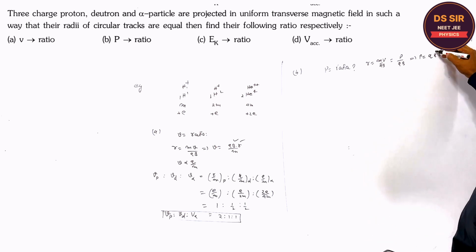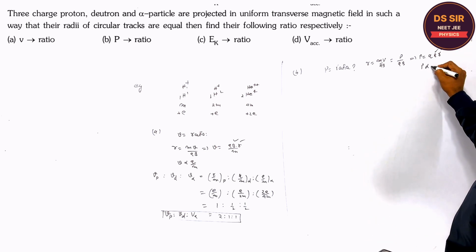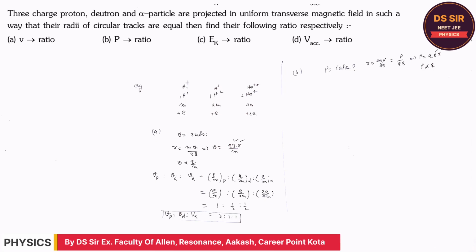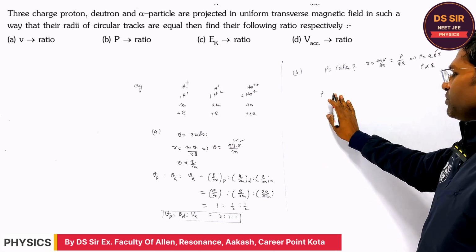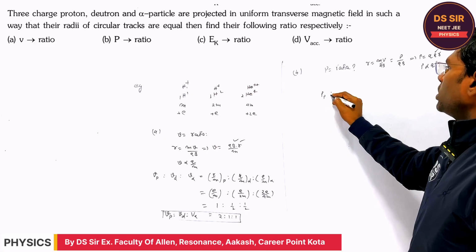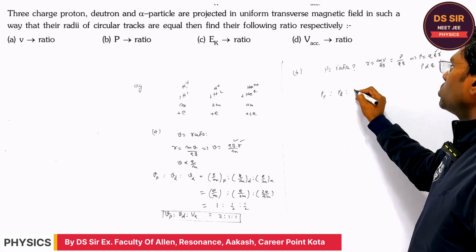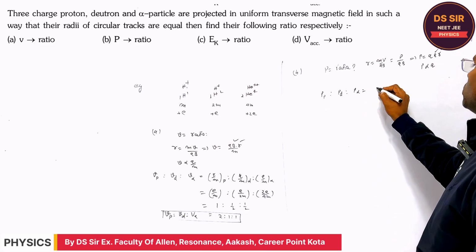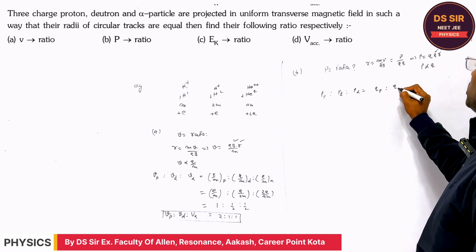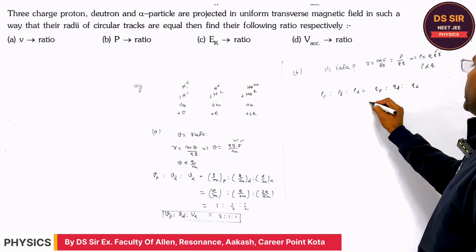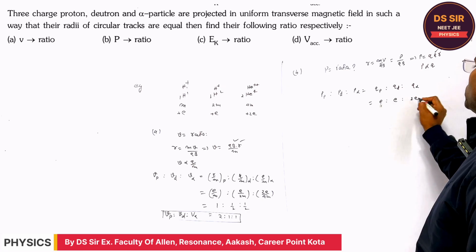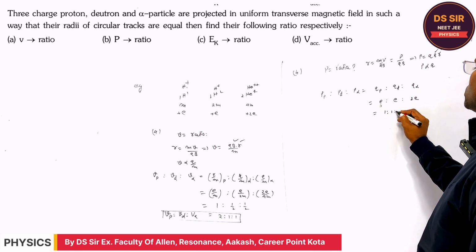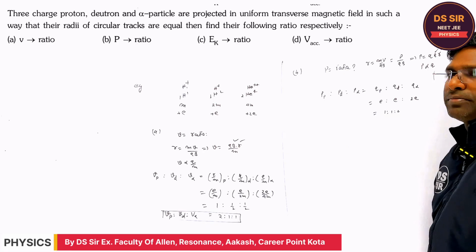The radius is same, magnetic field is same, so the momentum is proportional to charge q. So momentum of proton : deuteron : alpha particle is equal to the charges e : e : 2e, that is 1 : 1 : 2. This is the answer, right?